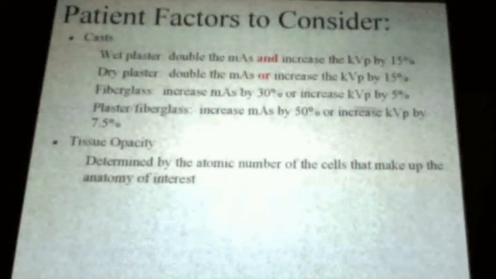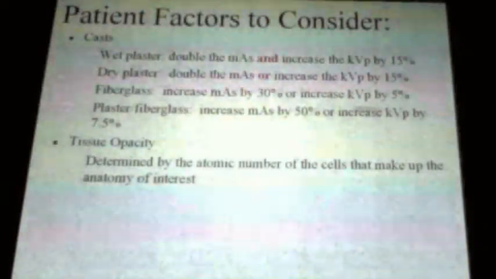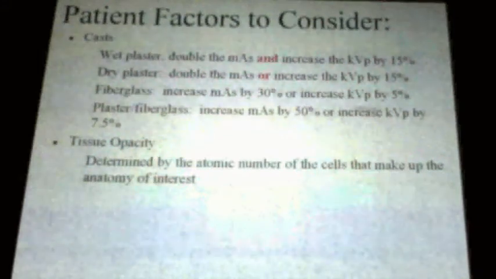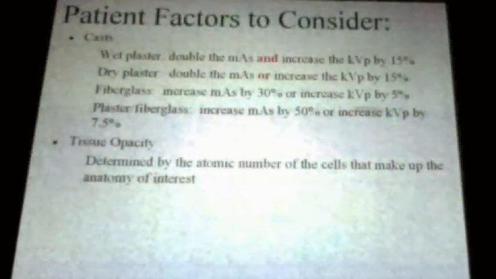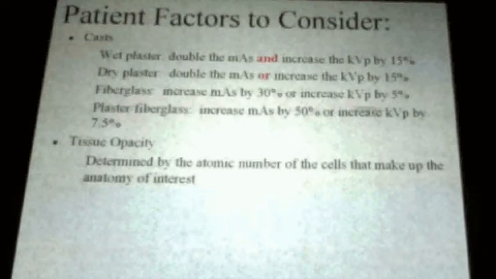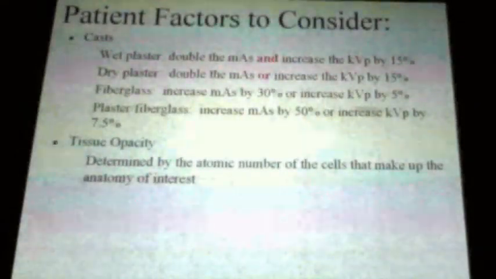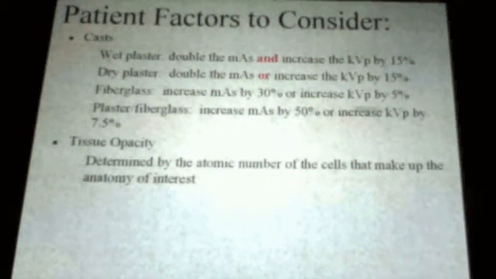And things with a higher atomic number absorb more of the primary beam. Something like bone that has calcium in it is going to have a higher atomic number than air that would be in the fundus of the stomach.